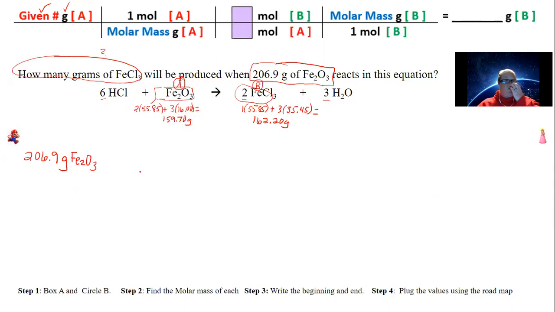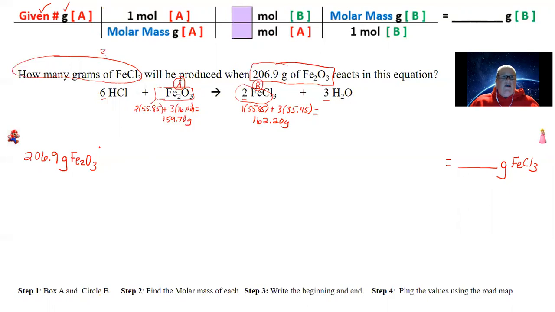Now I'm going to give myself all kinds of room here, and over here, write what I'm trying to find at the end, grams of FeCl3. So step 1, box the A and circle the B. We identified them. We found the molar mass of each, and I wrote the beginning and I wrote the end. Now we want to plug in the values using the roadmap.